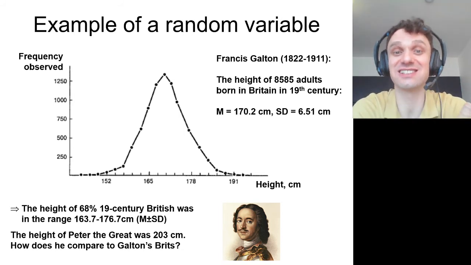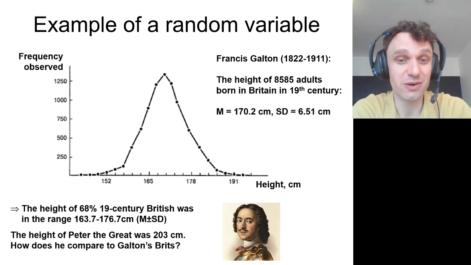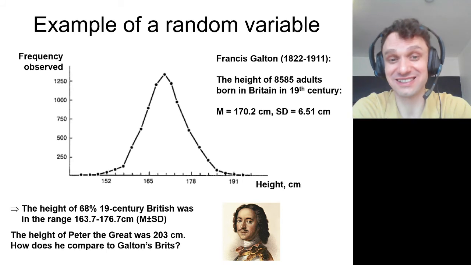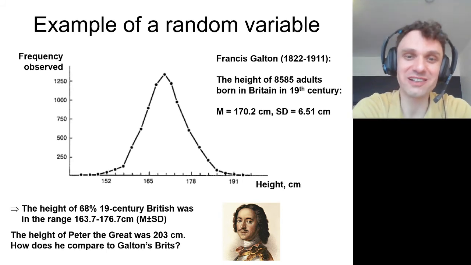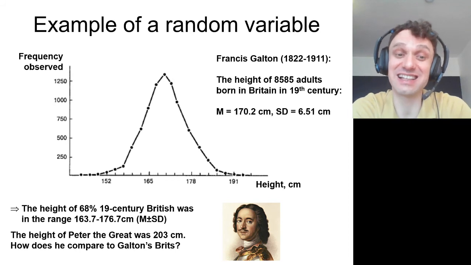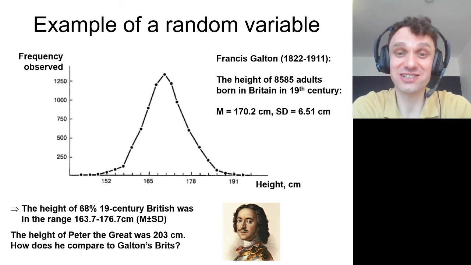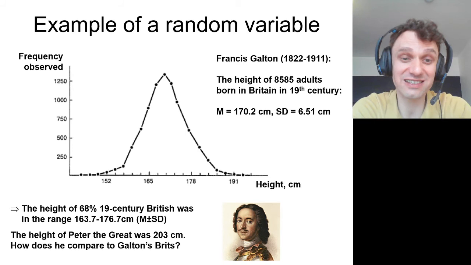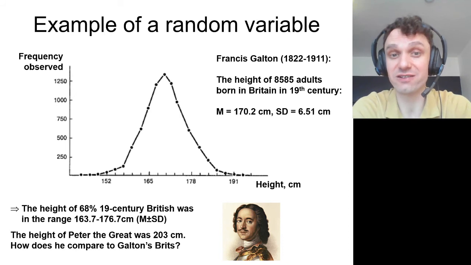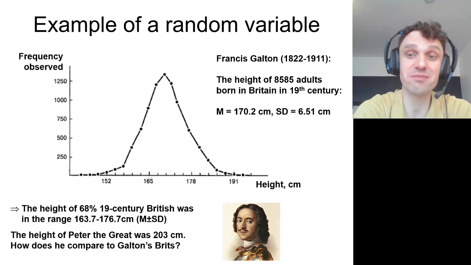But we can use Francis Galton's data to find out whether Peter the Great's height was kind of normal or anomalous, how likely we were to discover a person as high as Peter the Great. And in order to do it, we need to convert his height to a z-score. In order to do it, we need to know the mean and the standard deviation for Francis Galton's original sample.